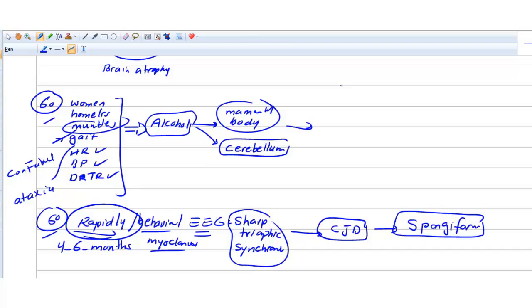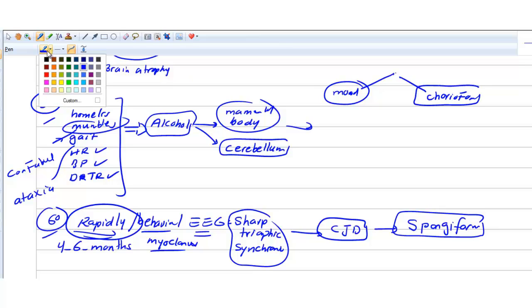What else? Also a clinical scenario: maybe a patient has depression, so mood, plus movement, which is choreiform. You have to know choreiform movement does not always mean dancing movement.